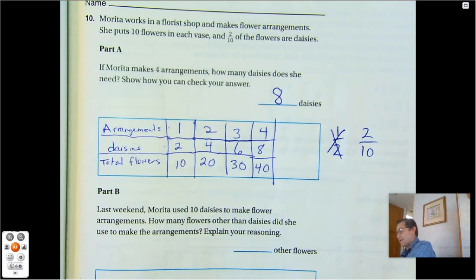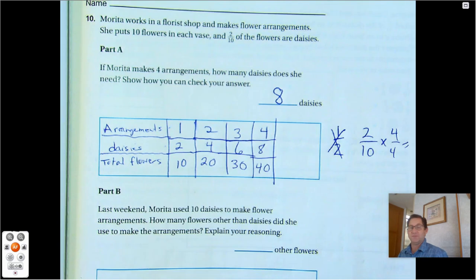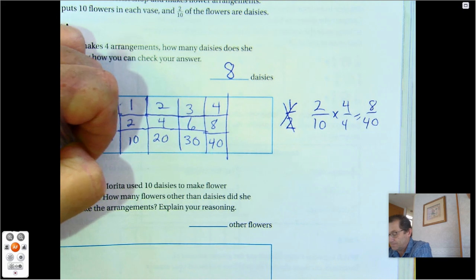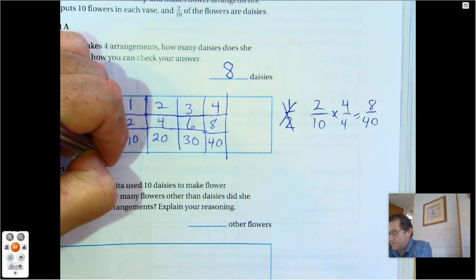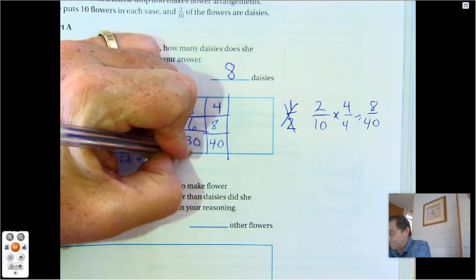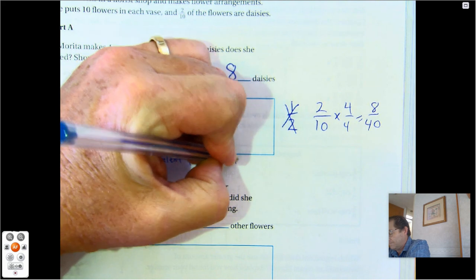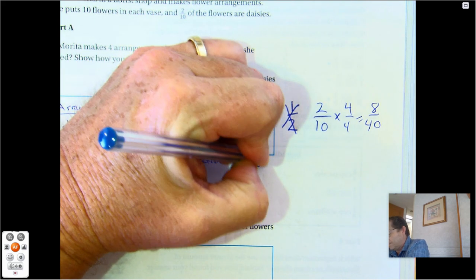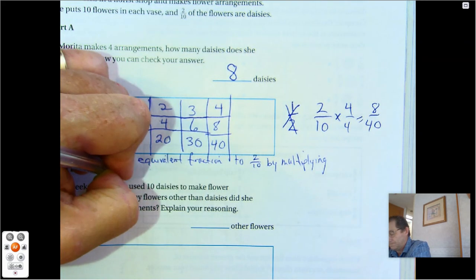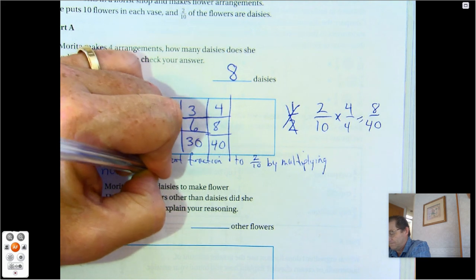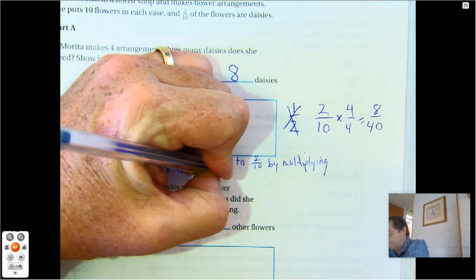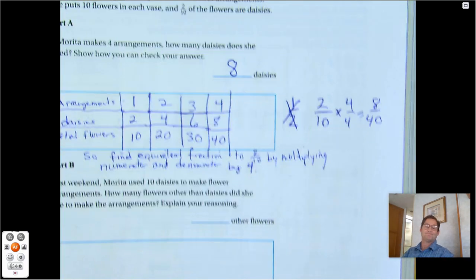And then for 4 arrangements, it would be 8/40. Okay, so that's how it checks.